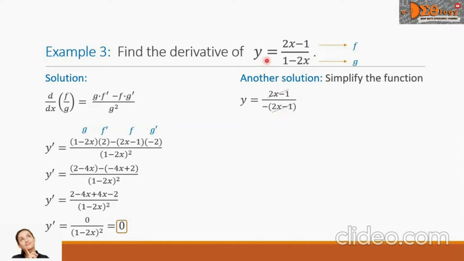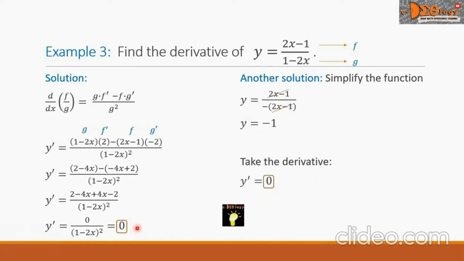So the function here is now simplified into negative 1. And now we are ready to take the derivative of this function. So the derivative of a constant is simply 0. We can see here that our answer here is the same with our answer in the first solution. This is our final answer.